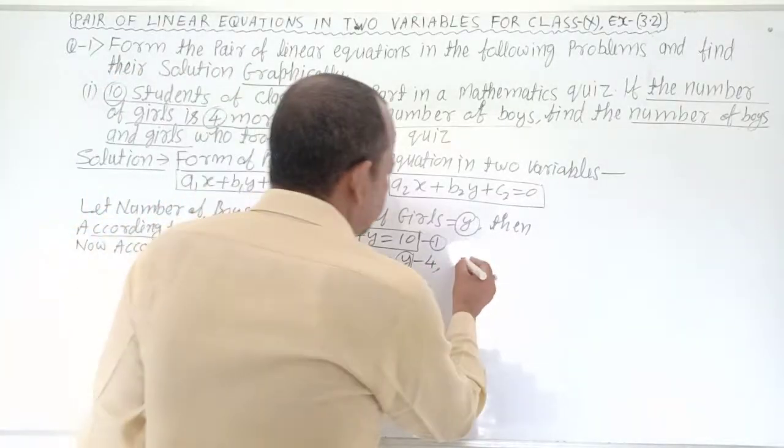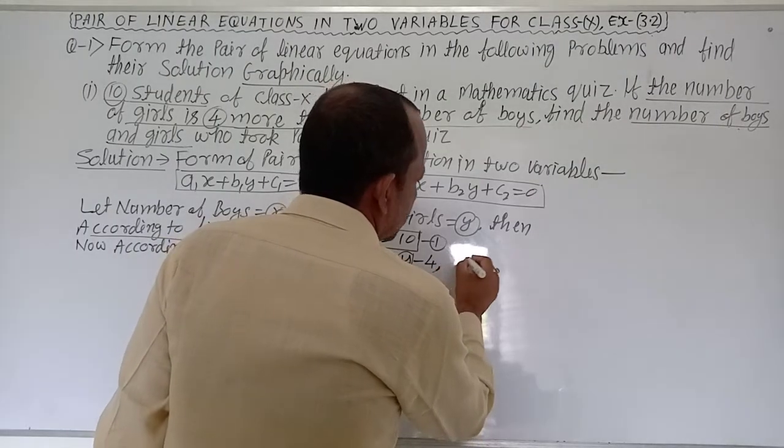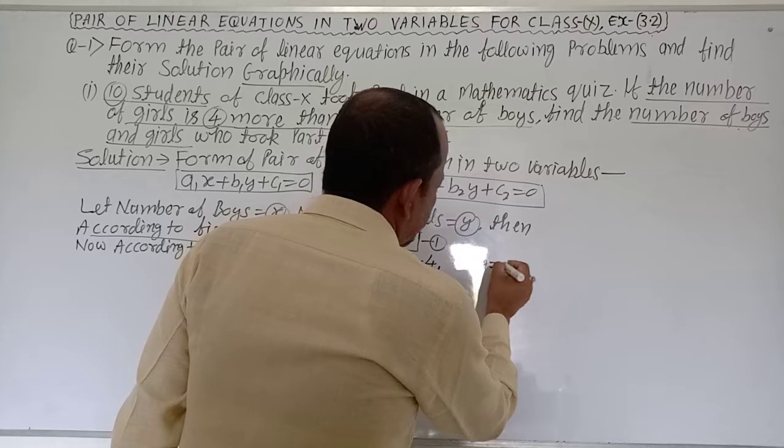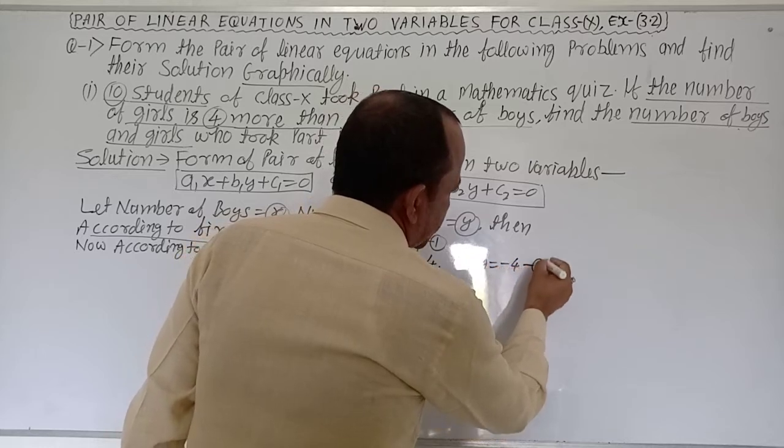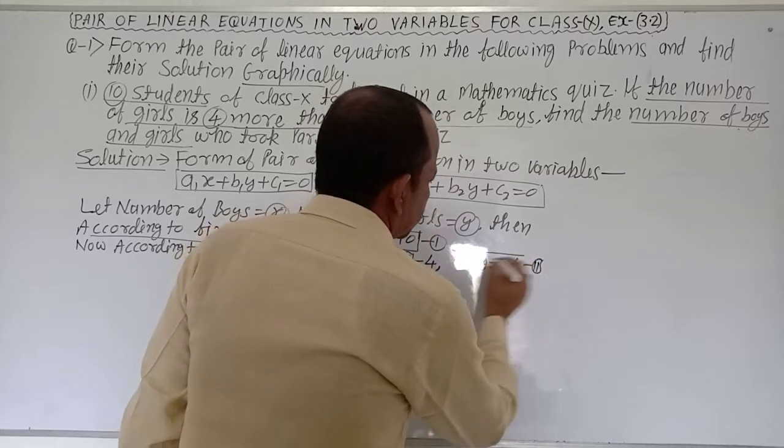It becomes x minus y equal to minus 4. It is equation second.